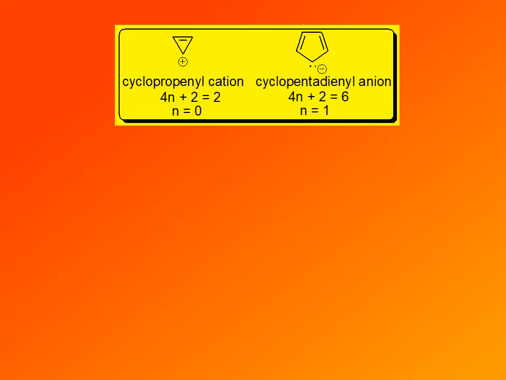So examples are the cyclopropenyl cation, and you can see that one is aromatic for n equals 0. So besides being a whole number, n could also be 0 to satisfy the Hückel requirement. So 4n plus 2 also works if n is 0. The cyclopentadienyl anion, we have already seen that several times, and so that's also an aromatic species.